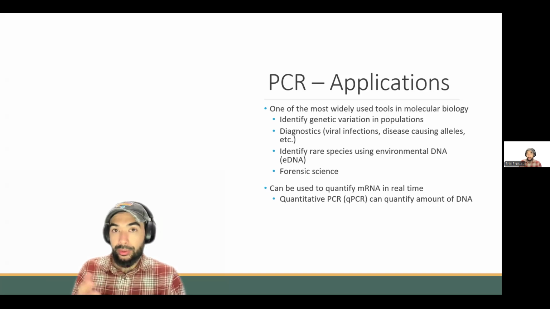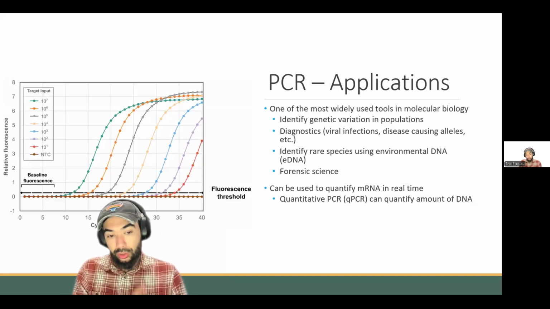But basically, what we're doing here is we're actually able to, in real time, while the experiment's going forward, quantify the amount of DNA present in our sample as the DNA is being amplified. And so this is a really useful tool to give us a better idea of the amount of original sample and the amount of time we actually need to go through PCR before we have amplified it to its limit.